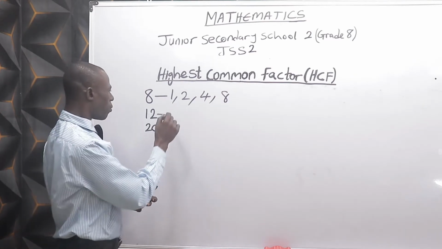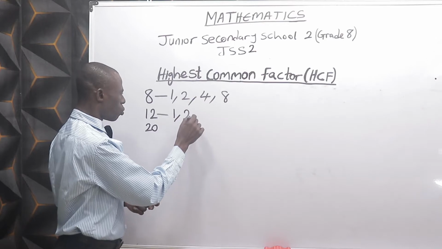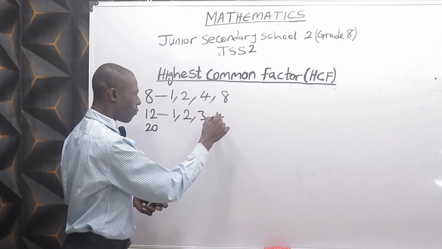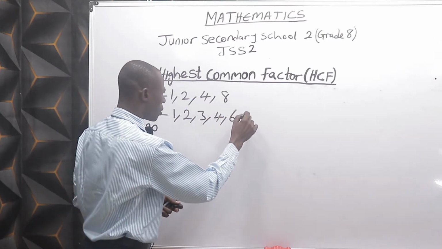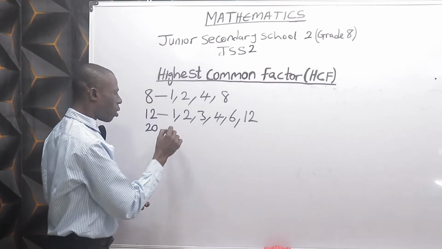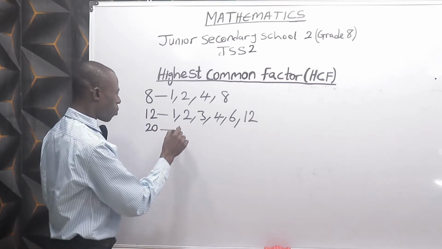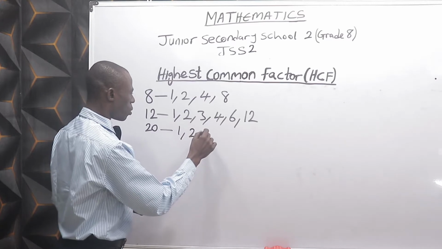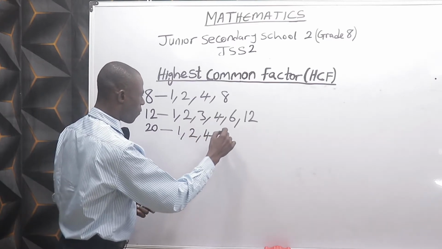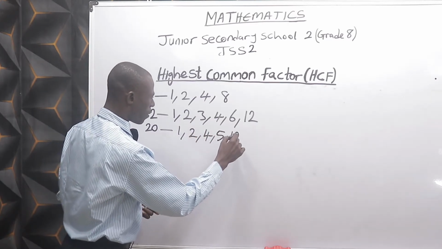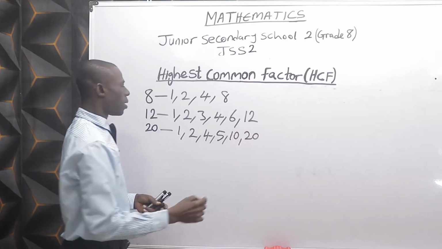Factors of 12: 1, 2, 3, 4, 6, 12. Factors of 20: 1, 2, 4, 5, 10, 20.